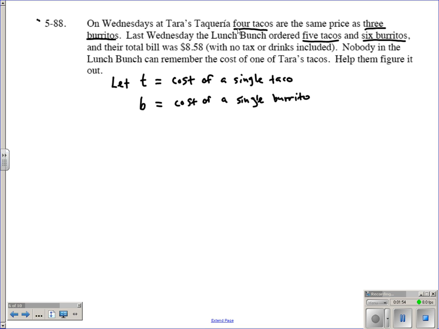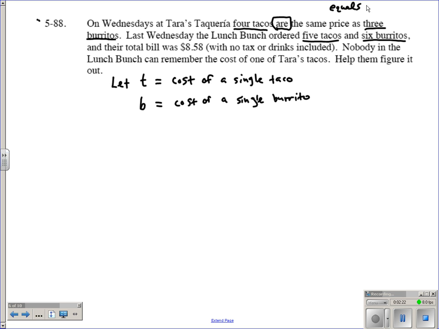So 4 tacos are the same price as 3 burritos. Remember that math word we're looking for: as we're trying to figure out in the sentence, where is the equal sign? It doesn't just say equals, but remember, "is" or "are" is that equals word.